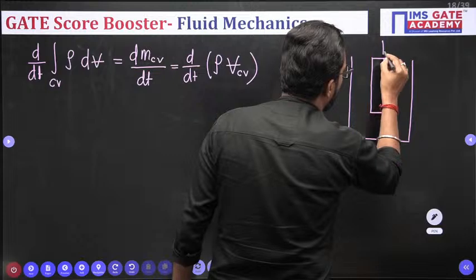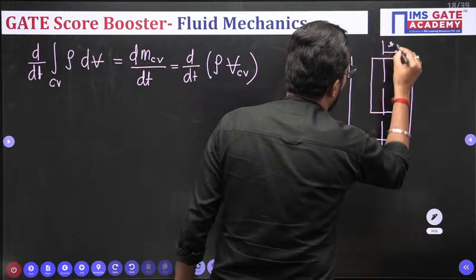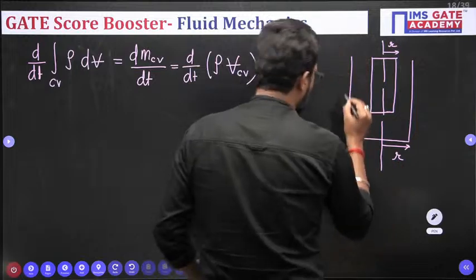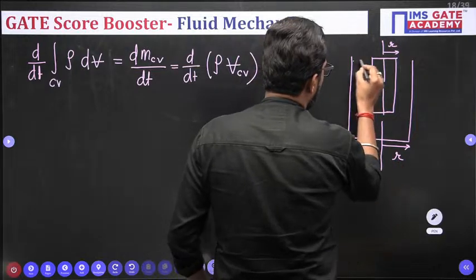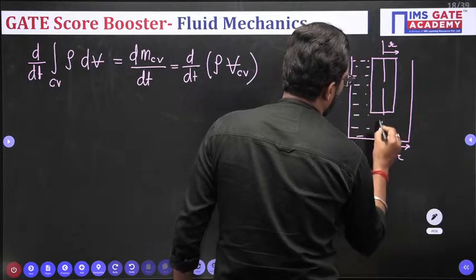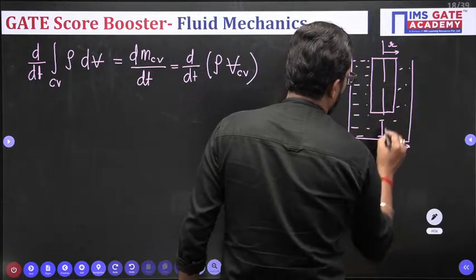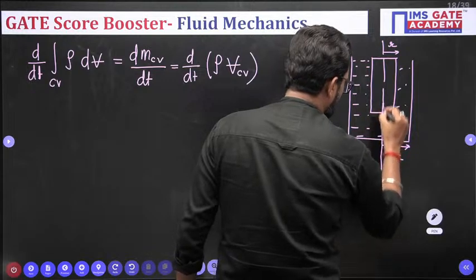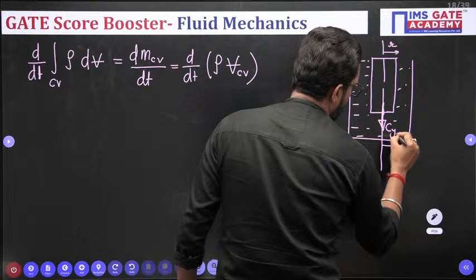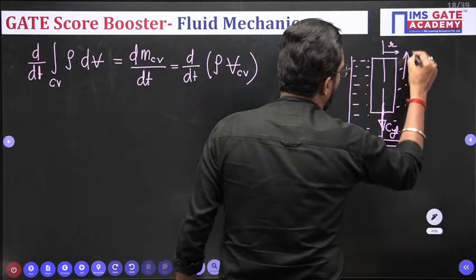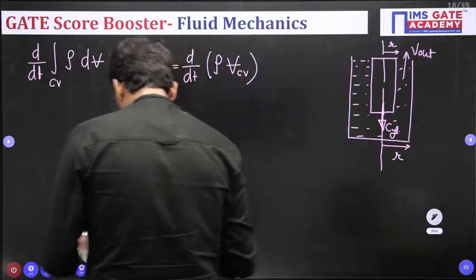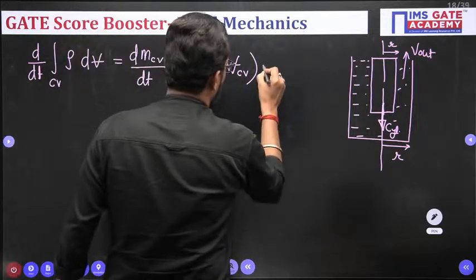This is your small radius r, and this is your capital radius R. This is our system. In this direction is the velocity of the cylinder, and in this one the velocity is out. The density is constant.